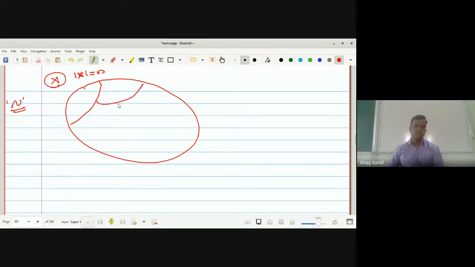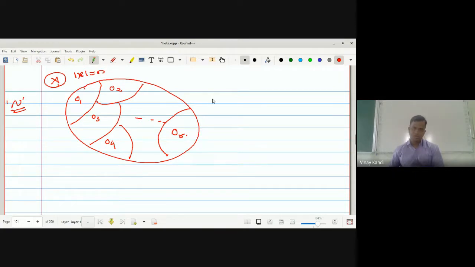This one is the second part, this one the third part, this one the fourth part, and all the orbits are disjoint. Suppose this is xg, that is orbit 1, orbit 2, orbit 3, orbit 4. And suppose this is orbit r.